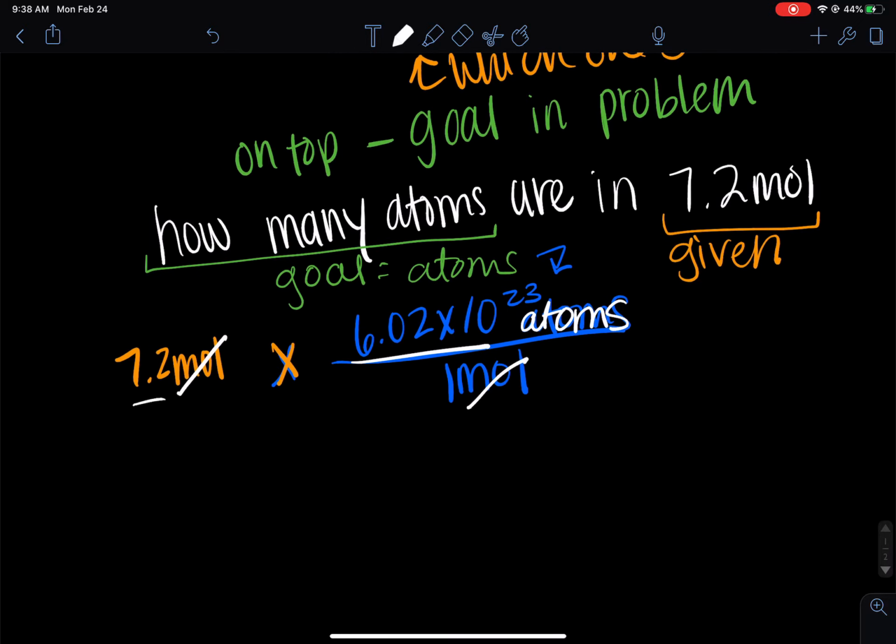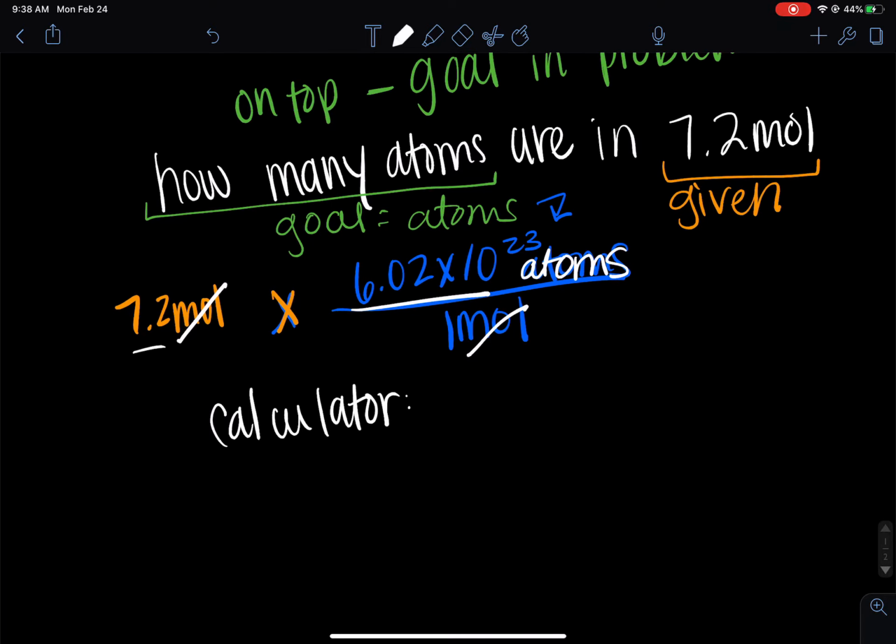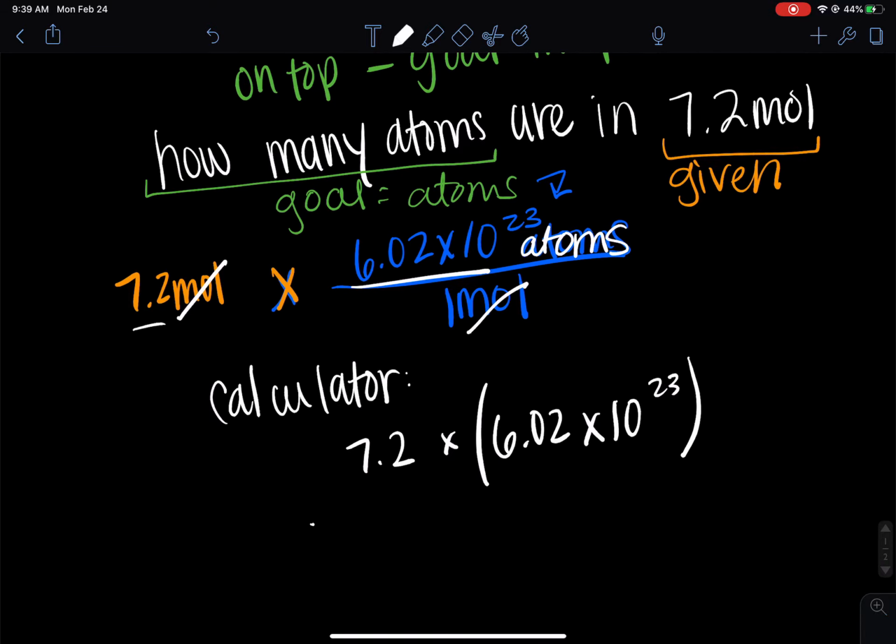So then all you have to do is put this in the calculator. In your calculator, you will put 7.2 times, open parentheses, 6.02 times 10 to the 23rd power, close parentheses. Let me put it in mine.